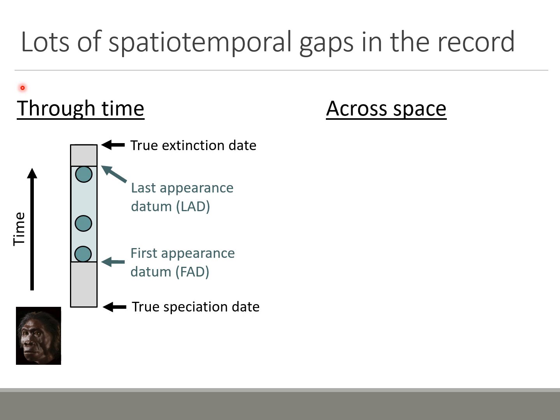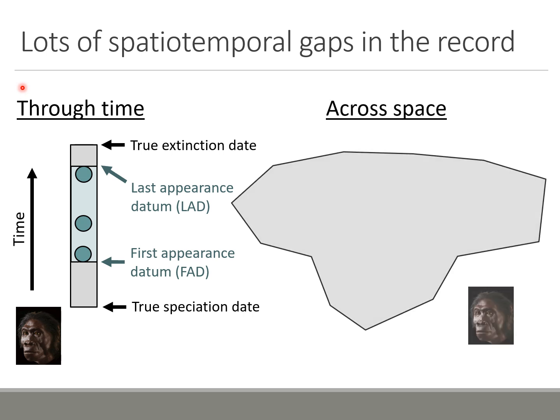And the same metaphor can be applied to space. Okay, I'll go over this quickly. Hominins in reality maybe lived all throughout this area, so you draw a polygon. This is known as a geographic range for the entire species. This is the true range.